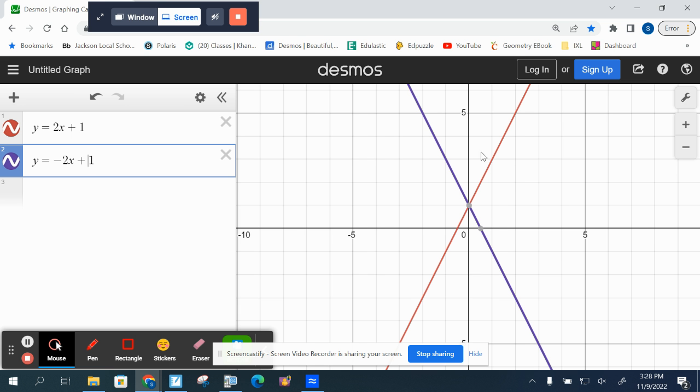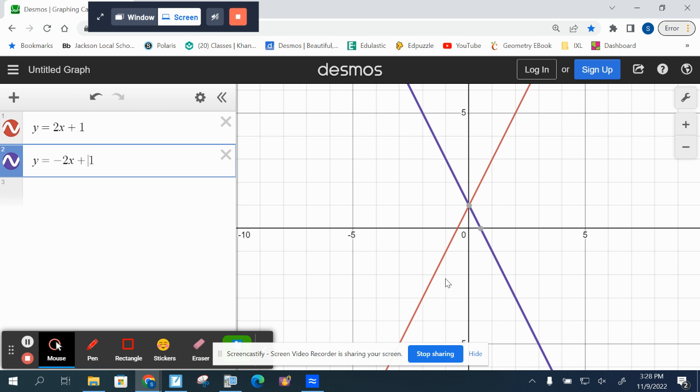So I took my red line and then to my blue line, and it's reflecting it this way because the y-coordinate stays the same. So it's no longer a reflection about the x-axis, it's the y-axis now, because I'm taking all of my values and I'm swapping the x values. I'm making them the opposite sign.